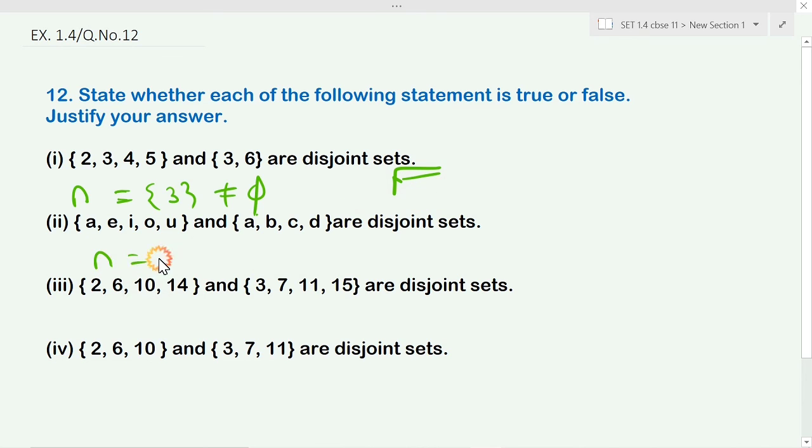The intersection between these two sets is A, not equal to the empty set, so this is not disjoint, so this is also false. For these two sets, 2, 6, 10, 14, there are no common elements, so the intersection equals the empty set, so this is disjoint, so this is true. And for the last question, the intersection equals the empty set because there is no common element, so this is disjoint, so it is true.